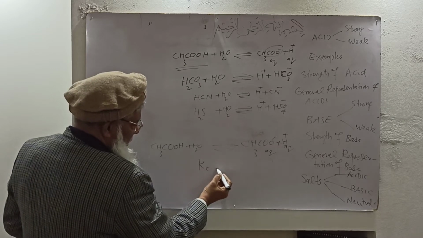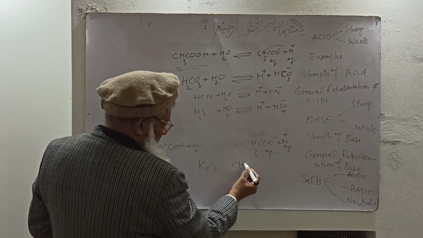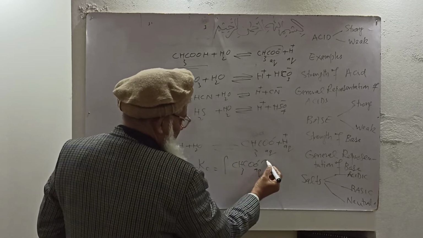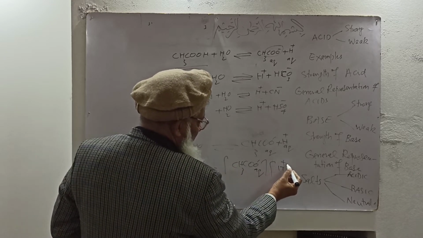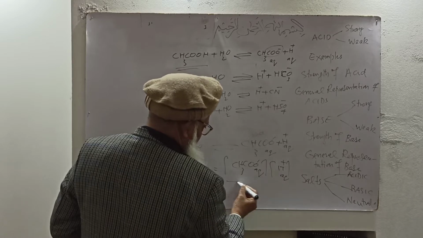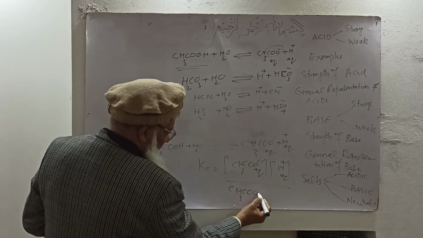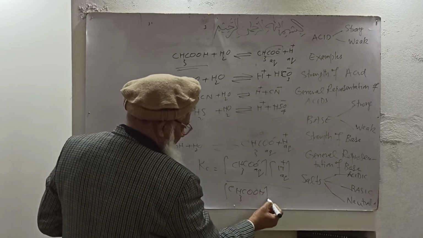So Kc is equal to acetate ion aqueous times H ion aqueous over acetic acid and water.